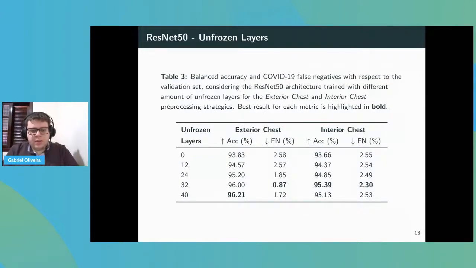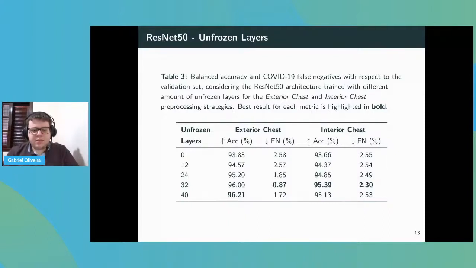With the two configurations, exterior chest and interior chest preprocessing, we applied the ResNet 50 with different numbers of unfrozen layers. We used 0, 12, 24, 32, and 40 unfrozen layers. Again, we used the balanced accuracy and the false negative rate for COVID-19.